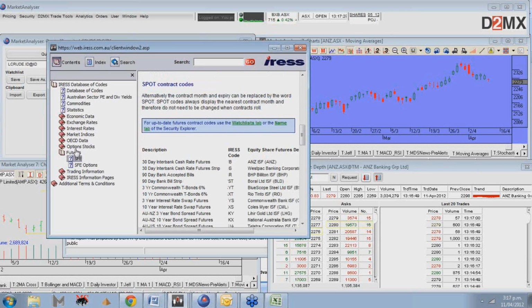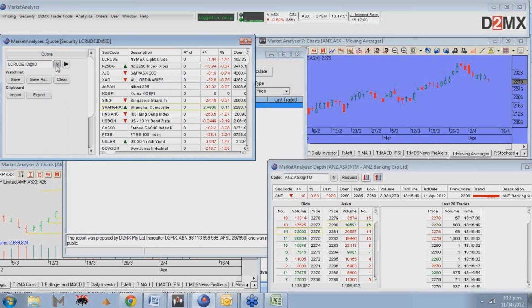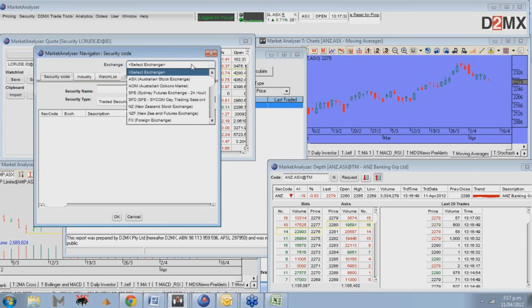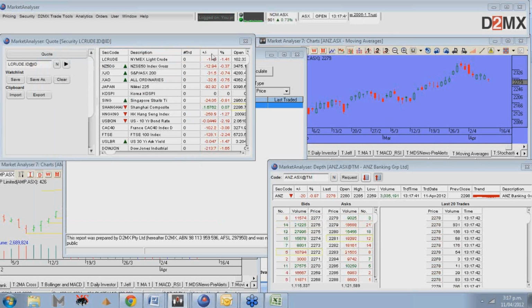So that's the information in there. The other one is via your navigator. You've got various exchanges available on the international sector, from international markets, you can look up the futures codes as well.